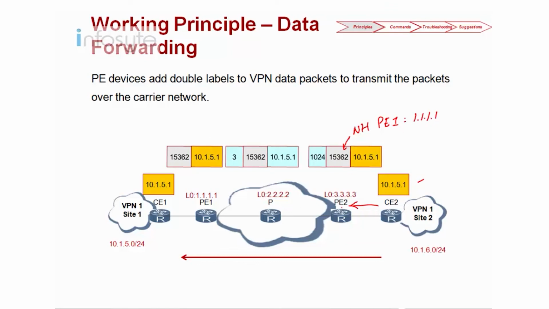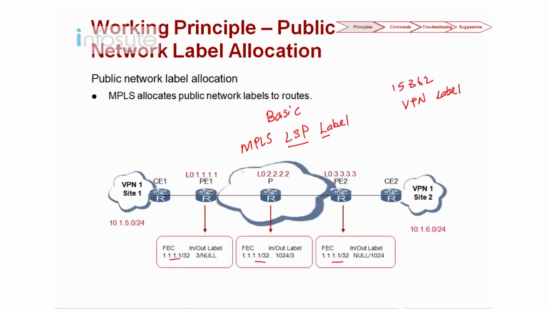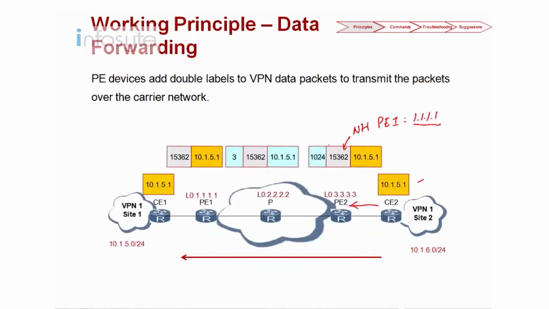So when PE2 needs to go to PE1, I need to point to 1.1.1.1. Let me go back to the previous page. For 1.1.1.1 the label is 1024. When PE2 wants to go to 1.1.1.1, my outgoing label is 1024. So I add another label of 1024.